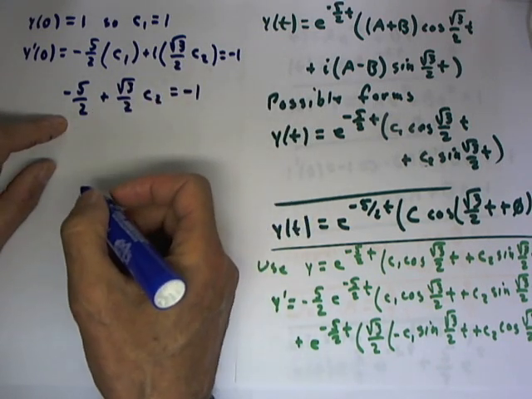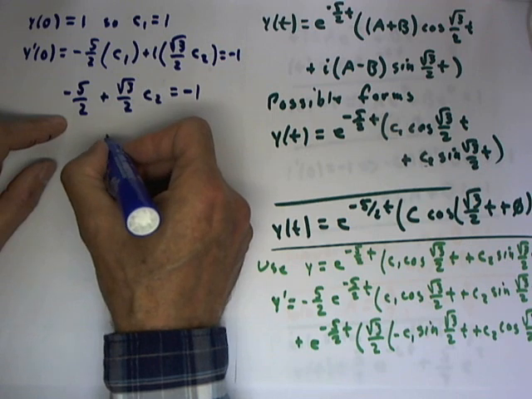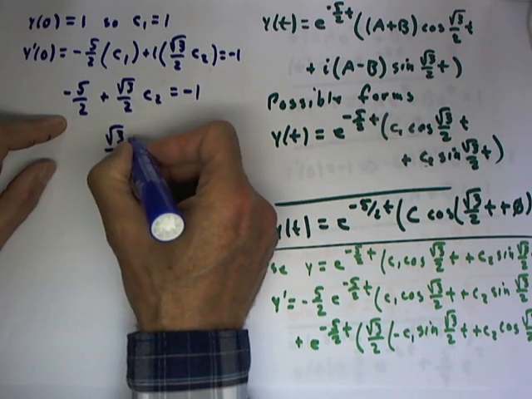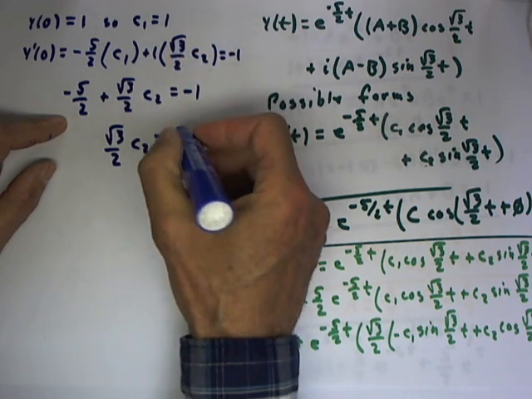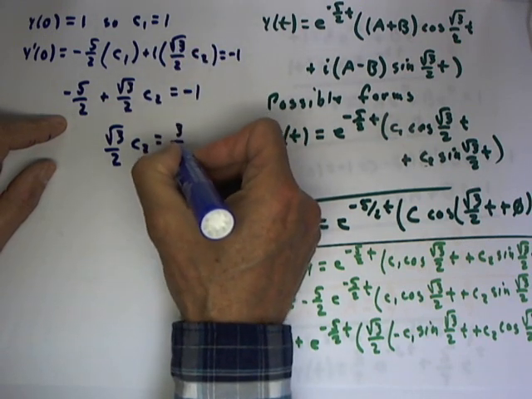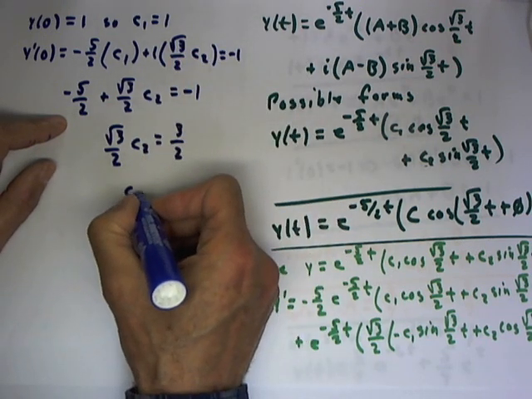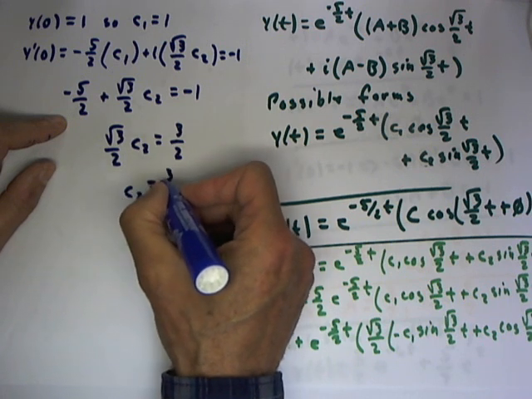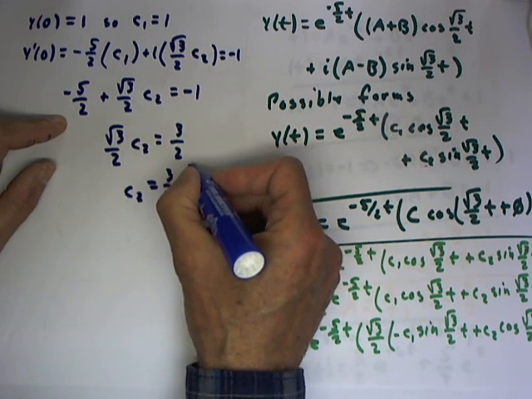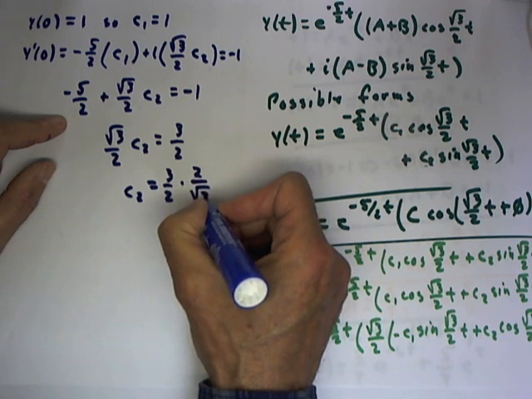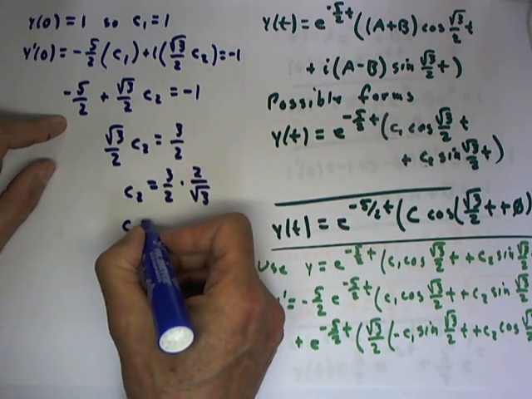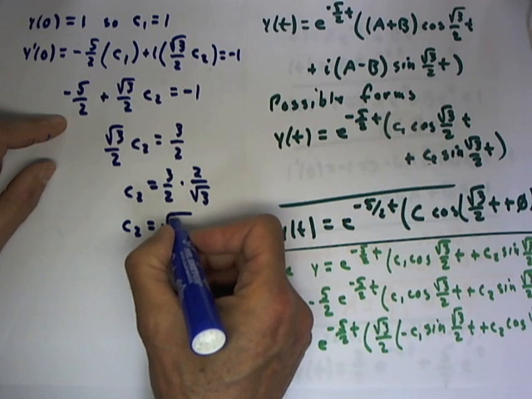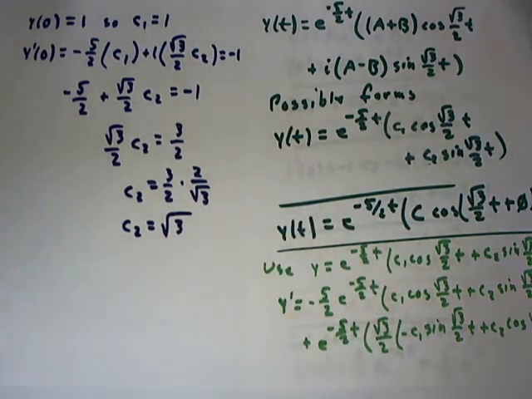Adding 5/2 to both sides, we get the square root of 3 over 2 times C2 equals negative 1 plus 5/2. Well, that's going to be 3/2. So that C2 is 3/2 multiplied by 2 over the square root of 3, so that C2 is just the square root of 3.